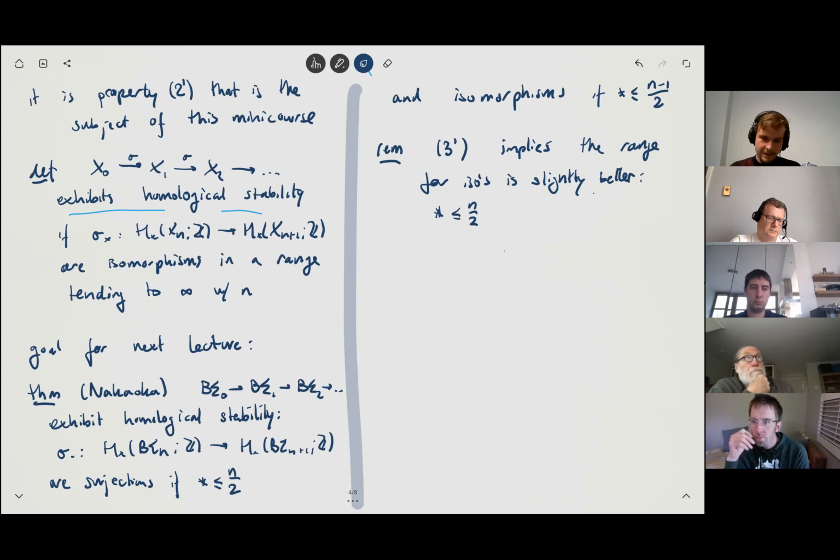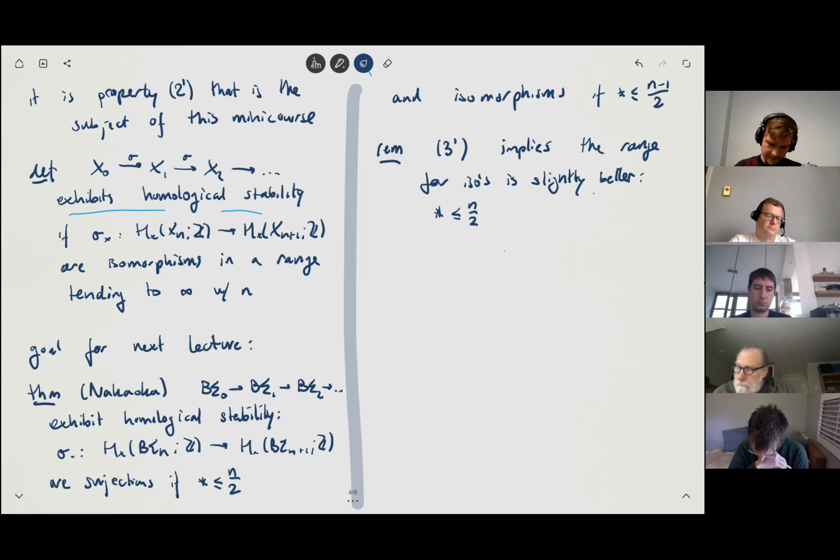Okay. Now, property 3 prime is rather special. It's something that you only should expect to hold for classifying spaces of certain finite groups where you can construct transfer maps. But again, I'll use it in some applications in a minute. There will be an exercise where you prove property 3 prime. I should also say that with this slightly improved range, that's the optimal one among affine linear ranges.